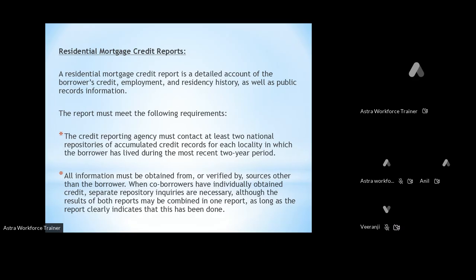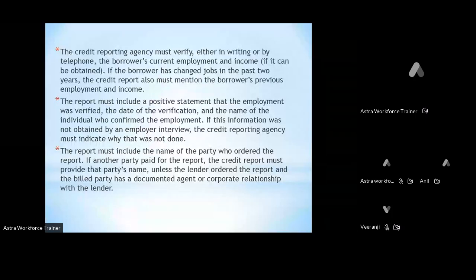If he has any student loan, everything will be captured and updated in the tri-merged, whereas the residential mortgage credit report will have only the mortgage details. This is the requirement for the mortgage credit report, which we are not using.